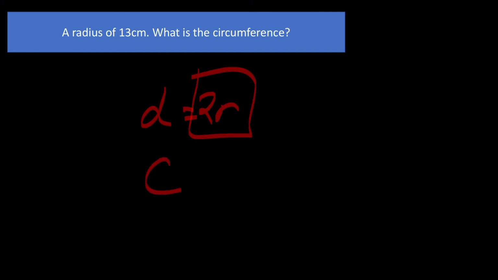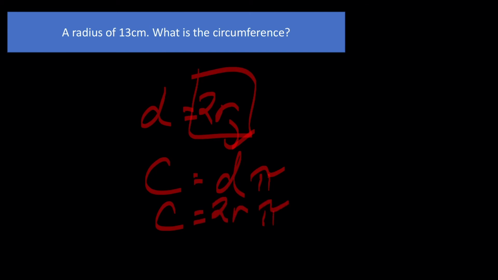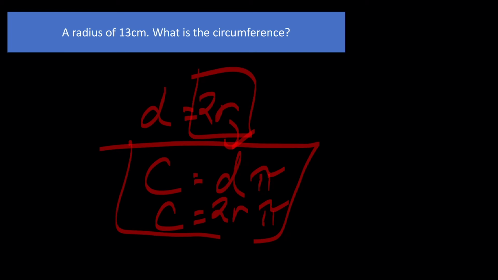If we think about using diameter, it's diameter times pi, so I would substitute this in. This would be circumference equals 2 times radius times pi. Another good one for your recipe cards in order to remember these.